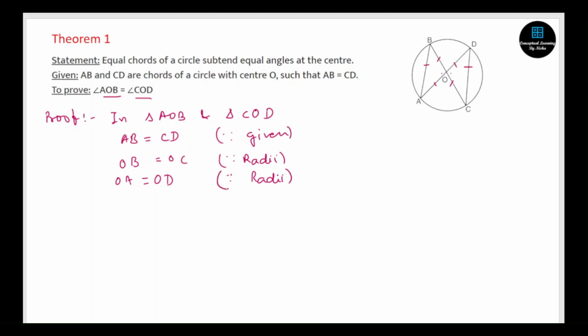So which criterion can I apply for congruency? Yes, SSS. So triangle AOB is congruent to triangle COD. See, correspondence is very important. You already learned that. So this is the SSS criterion.